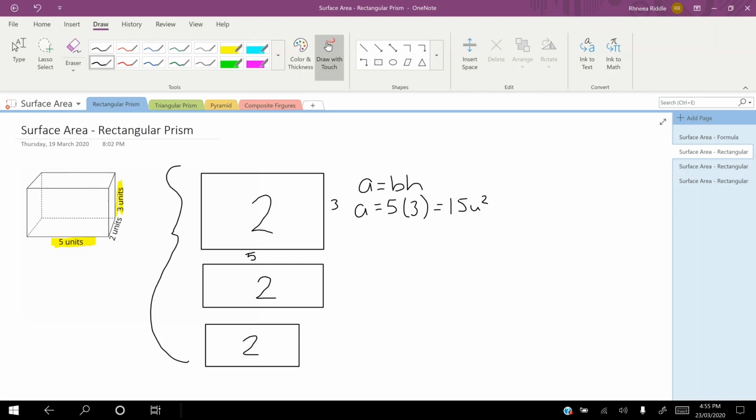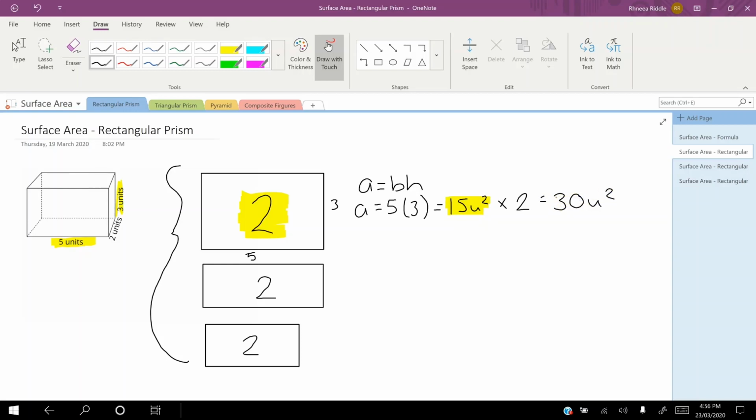And now, like I mentioned before, there are 2 faces just like this one. So we're going to have to take this 15 and multiply it by 2. And we're going to end up with 30 units squared.